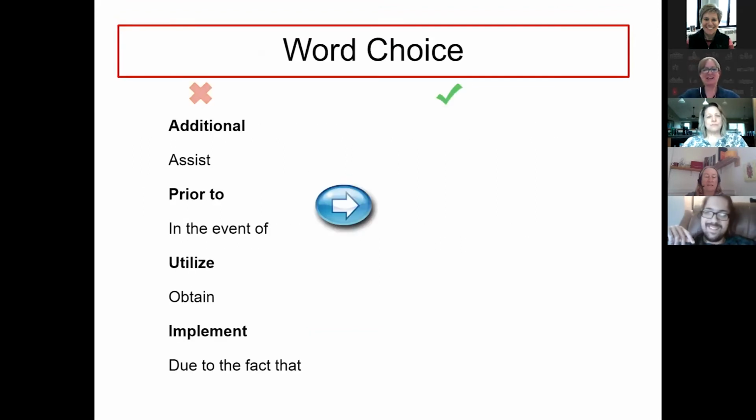All right, word choice. Selecting words, the actual choice we make about vocabulary is something that a lot of people associate with plain language, and word choice does matter. We want to use words that are familiar and everyday for people, and preferably ones that have fewer syllables in them.